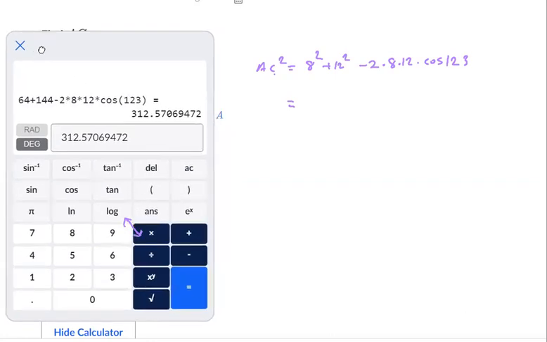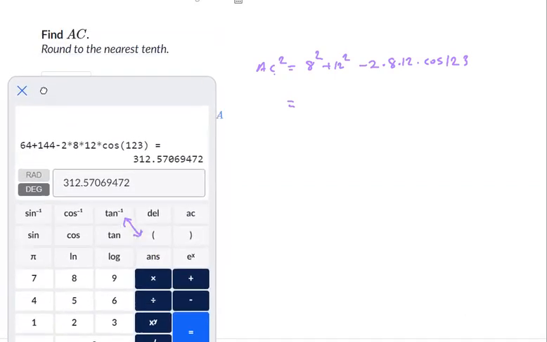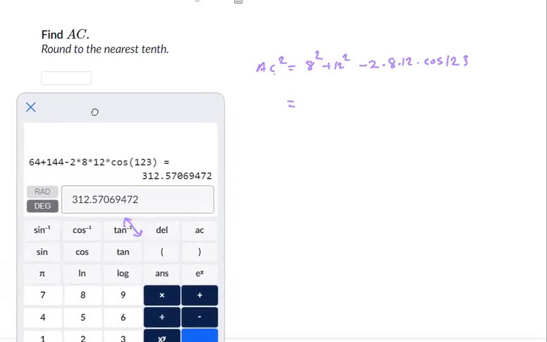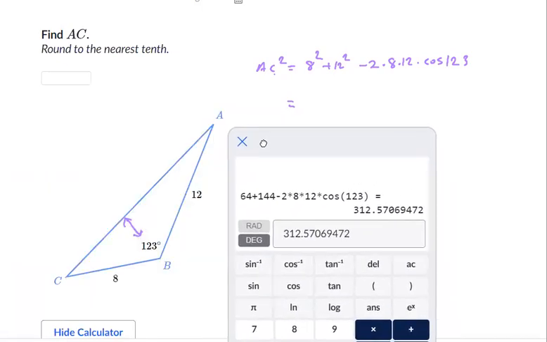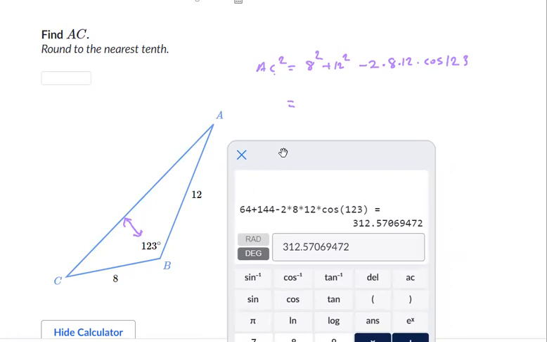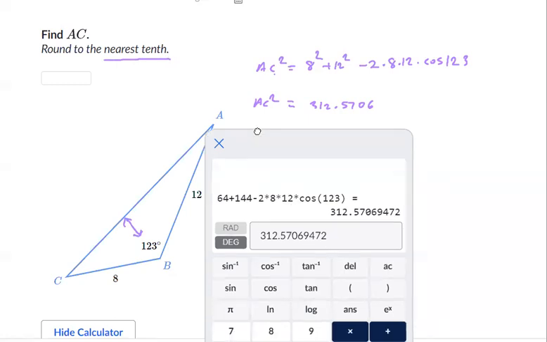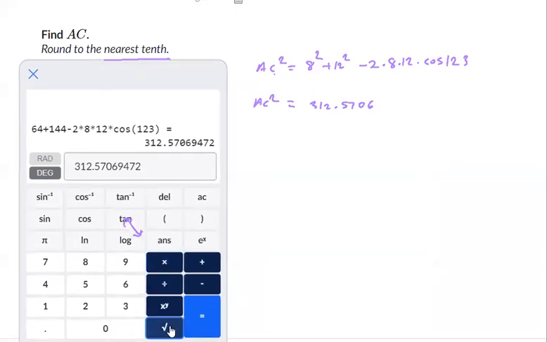When I do this, I get a 300 something, but that looks too big, right? The reason is that this is not AC, this is AC squared. Keep that in mind. So AC squared is equal to 312.5776 maybe. Since we are finding AC to the nearest tenth, we don't need that many digits after the decimal. Now we take the square root of both sides.